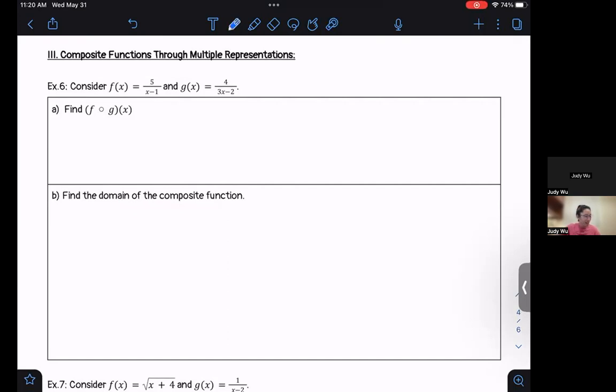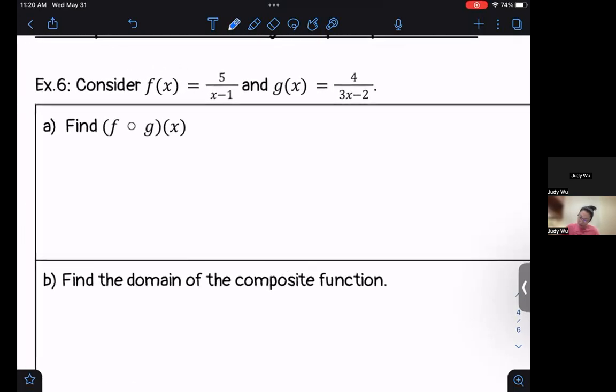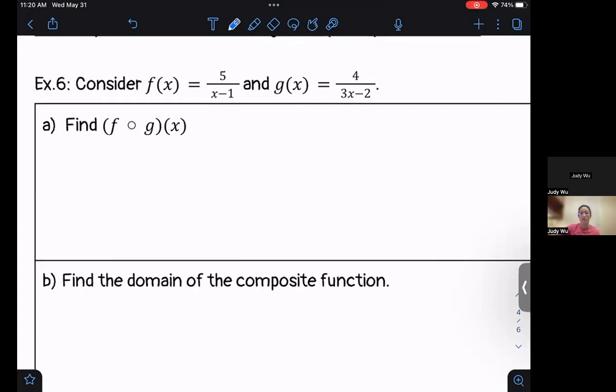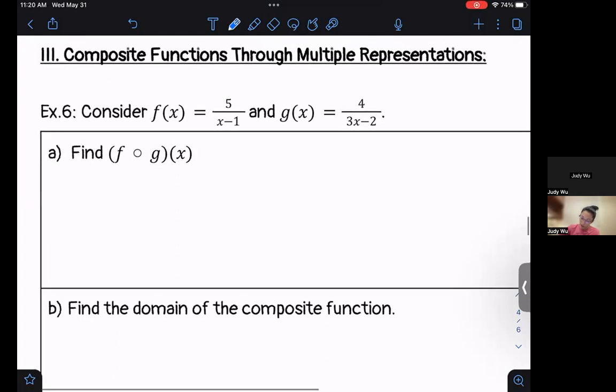So let's take a look at example 6 here. Consider f of x equals 5 over x minus 1, and g of x equals 4 over 3x minus 2. Find f composed with g of x. So this is just like example 5, right? I want an equation here.